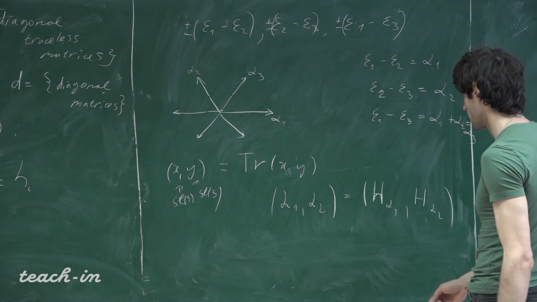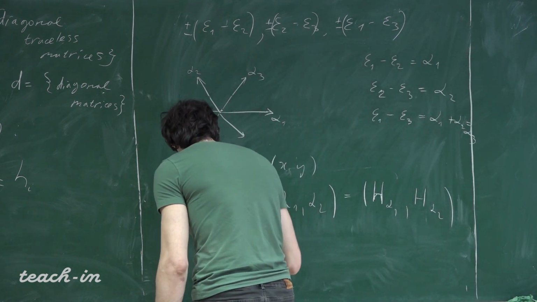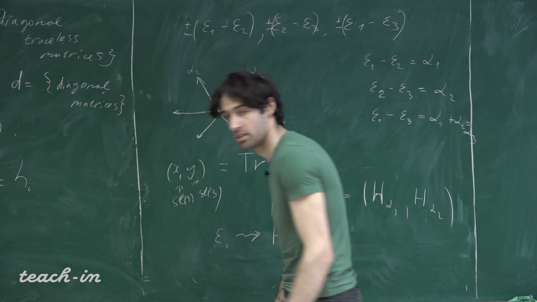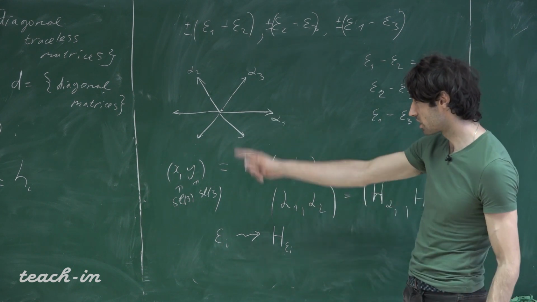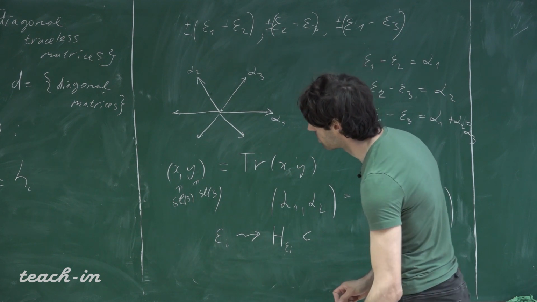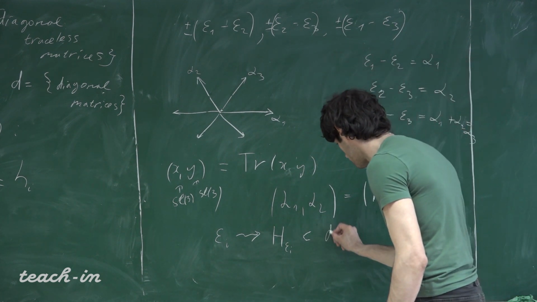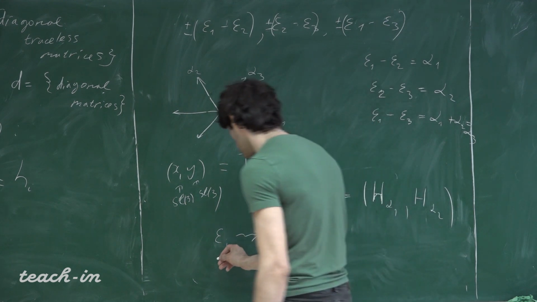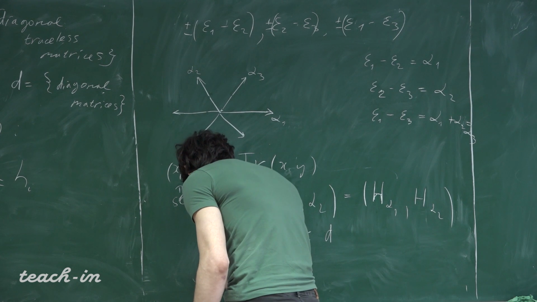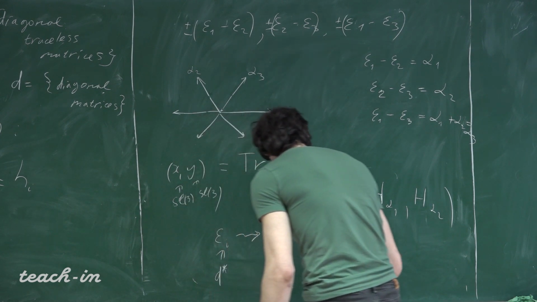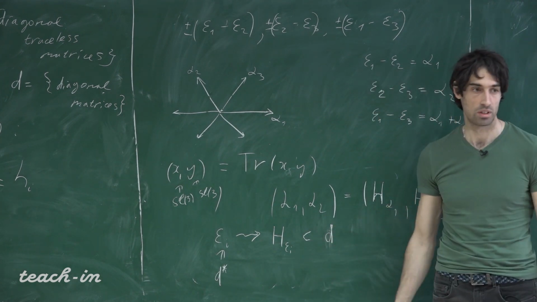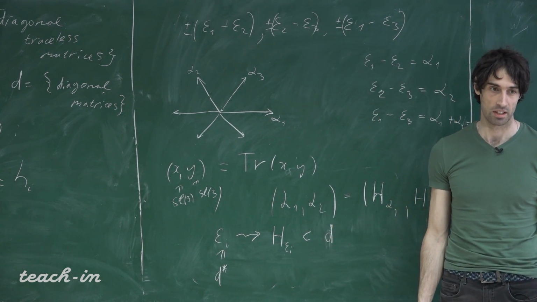And then for any epsilon I, I can define the corresponding H epsilon I. I would like to introduce this D because, anyways, it doesn't really matter, you can think of it as this one in D star and this one in D, right? So what is H epsilon I though?